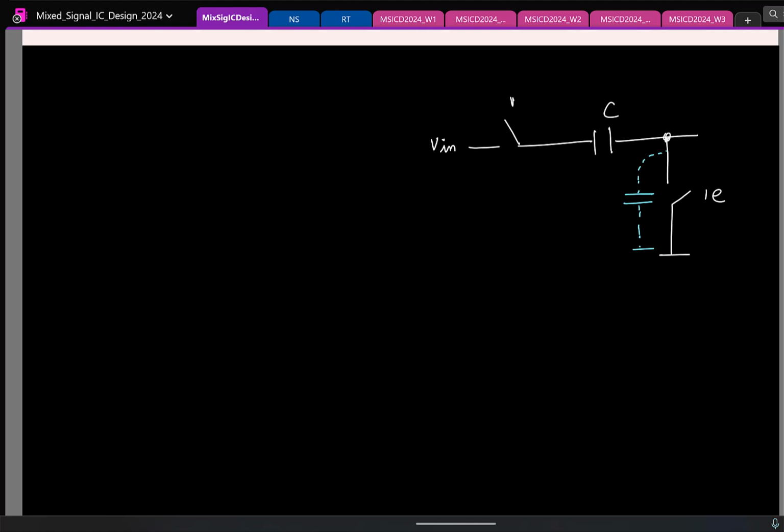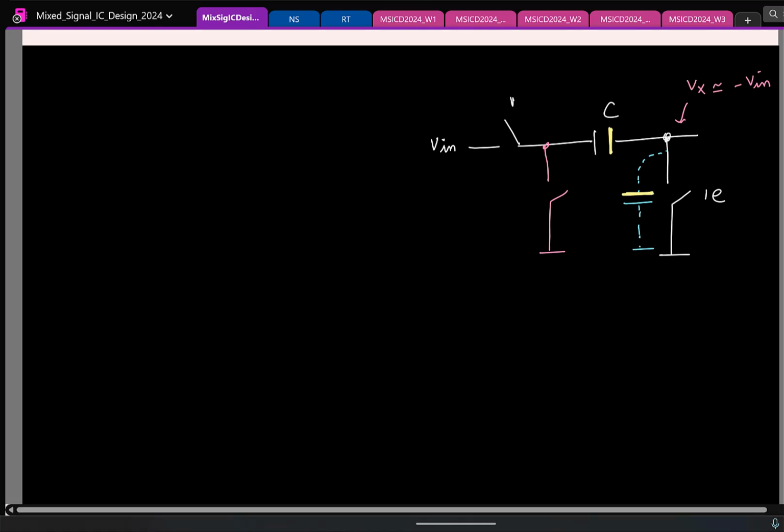But then we noticed that if I look at the charges stored on these two plates, the sum of these two charges didn't have any signal dependent charge component. So to convert this charge to an equivalent voltage, we decided to ground this plate of the capacitor and look at this voltage, which was as good as minus V in for all practical reasons.